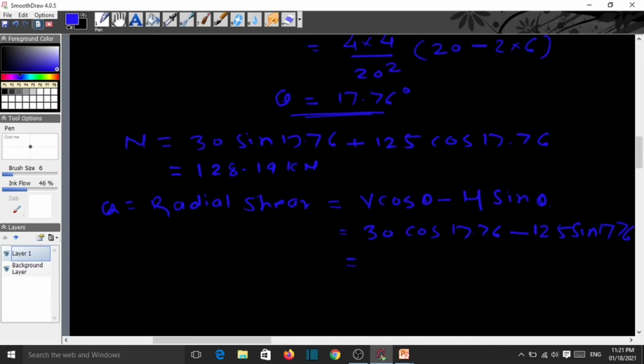So here that is equal to minus 9.51 kN. So in this way we got the value of the Q also, and the previous one is the normal thrust.